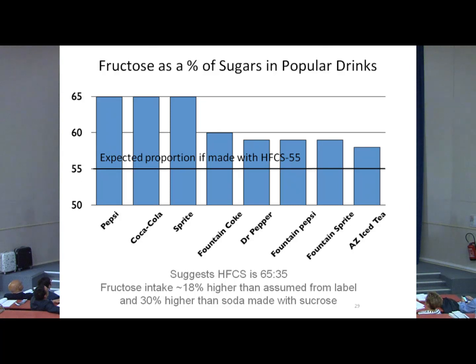This is our study that actually analyzed popular beverages in the US that are made with high fructose corn syrup, which the beverage industry claims has similar or identical levels of fructose as if they were made with sucrose, when in fact we showed that Pepsi, Coca-Cola, and Sprite, these are the three most popular consumed beverages in the US, 65% of the sugars were fructose, not 55, which was the expected level if they were made with HFCS 55, or 50% if they were made with sucrose.